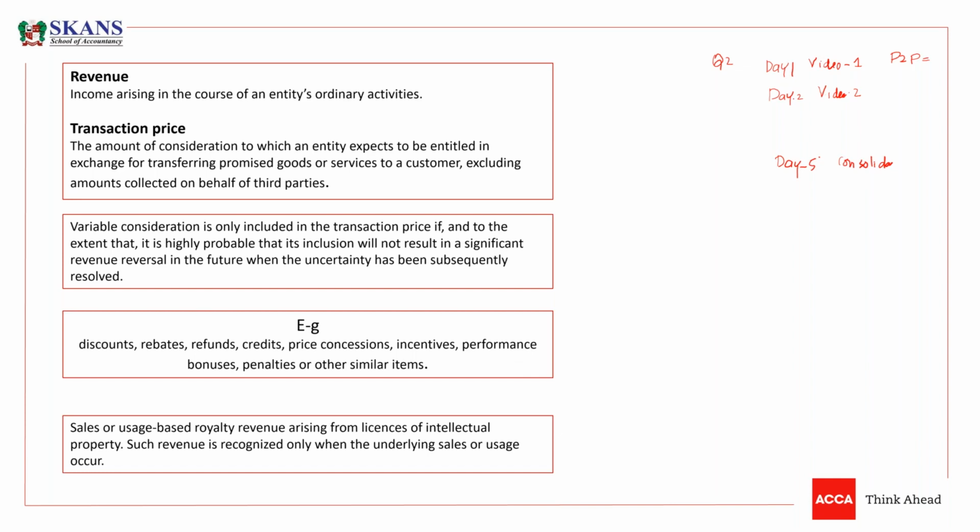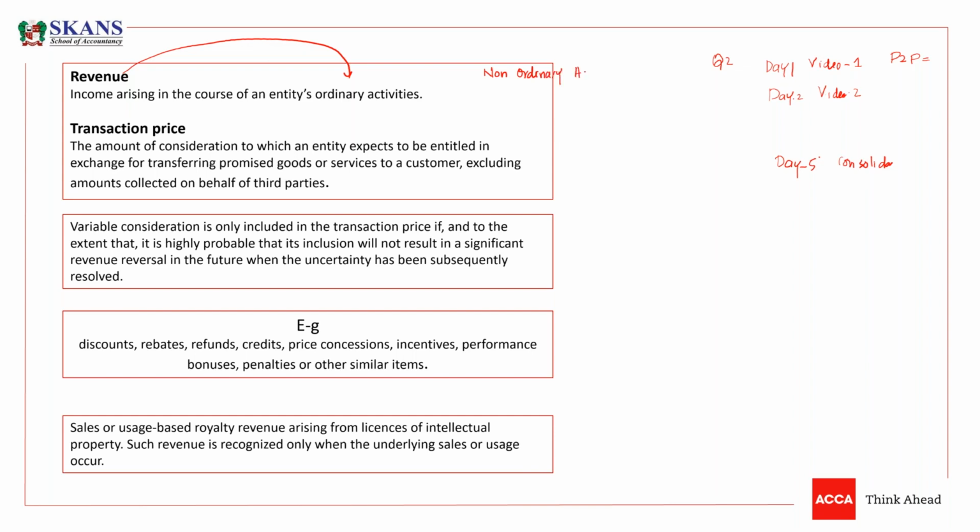Revenue arises in the course of an entity's ordinary activities. What is revenue, guys? Revenue is something that arises from ordinary activities. So if you are generating income from ordinary activities, that would be revenue. But non-ordinary activities cannot be classified as revenue.